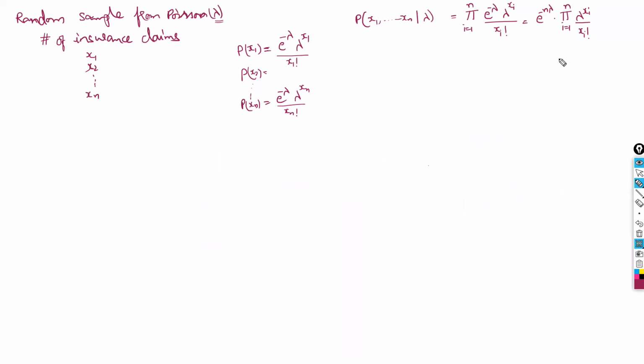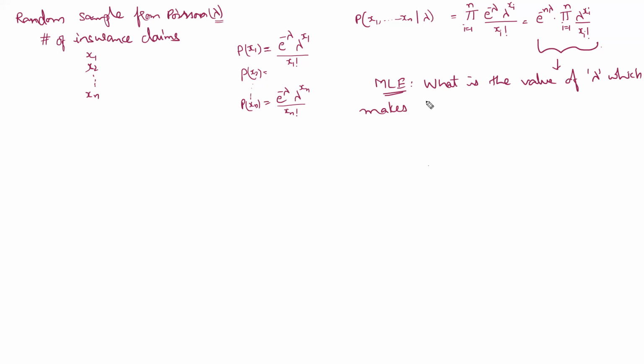Going back to our discussion here. Given this, the question that we need to ask when it comes to maximum likelihood estimation is, what is the value of lambda which makes the observations, that is the probability of x1 all the way until xn, most likely?